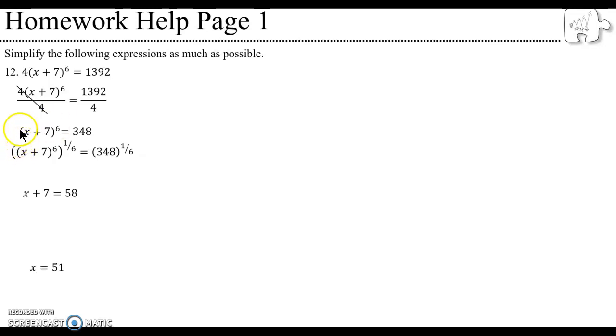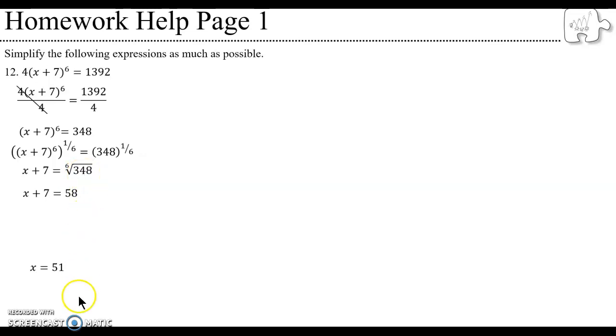We're putting an extra set of parentheses around this whole thing and then raising it to the 1/6. Now this 1/6 cancels out the 6. We just get x plus 7 equals the 6th root of 348.